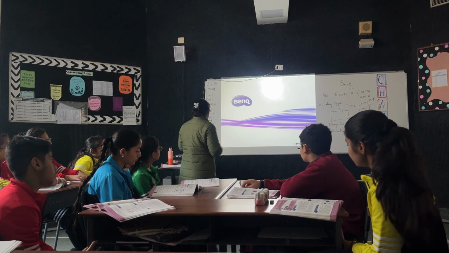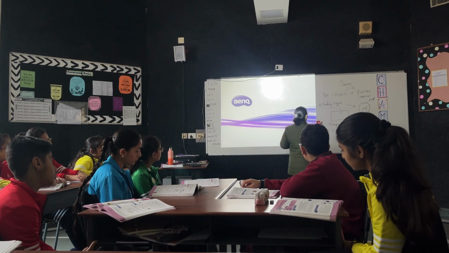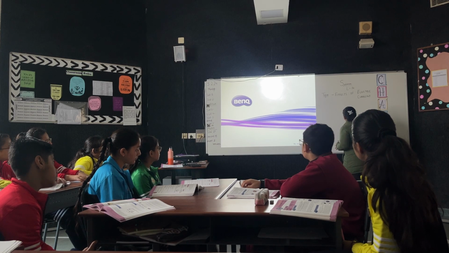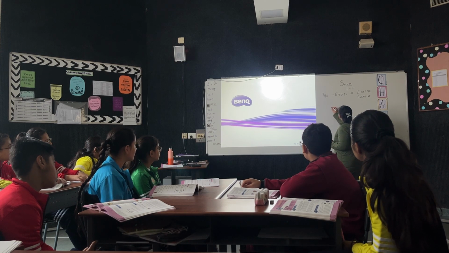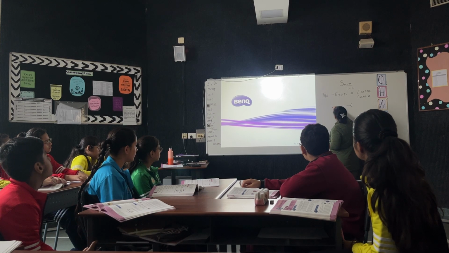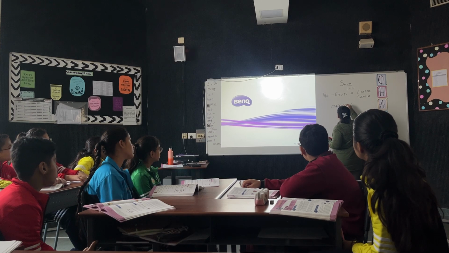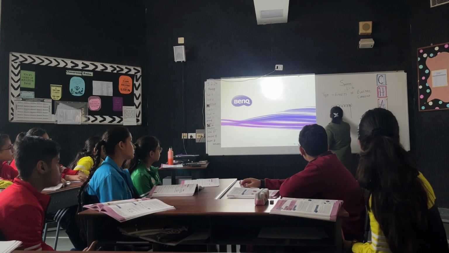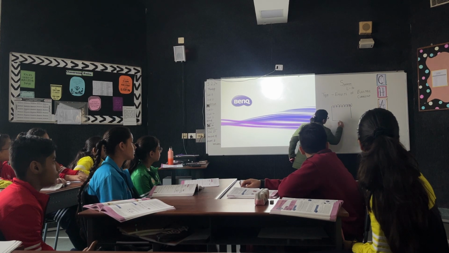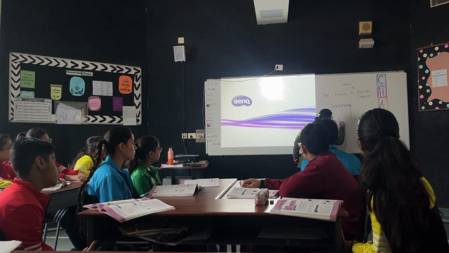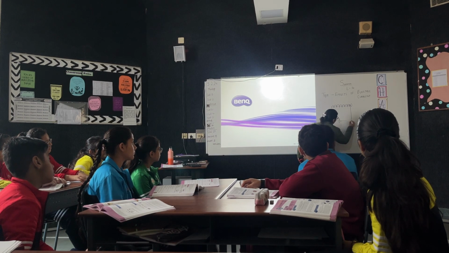Alright, I'll show you through a diagram. Suppose we take an iron nail and wrap it with a copper wire in a coiled form, and then connect the two ends of the copper wire with a battery and a switch.